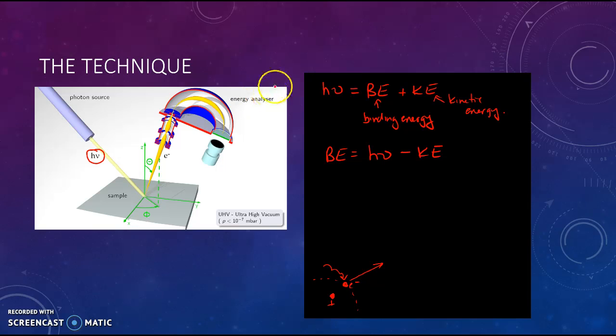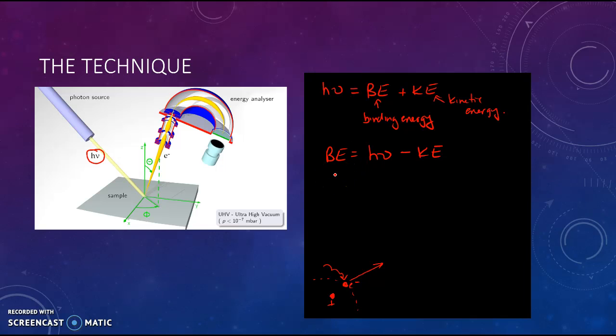This energy analyzer is essentially measuring the kinetic energy of the electrons, and h nu, you know how much energy you put in. So if you find the kinetic energy, and you know what h nu is, the difference between those two is going to be the binding energy of this electron.